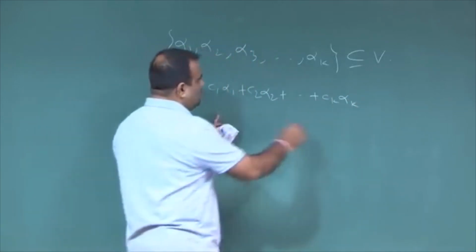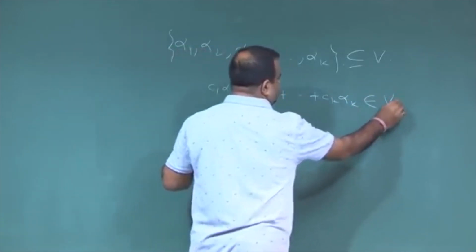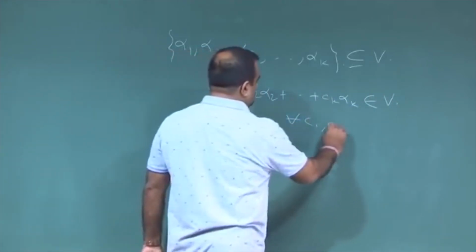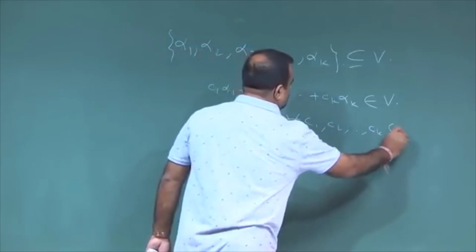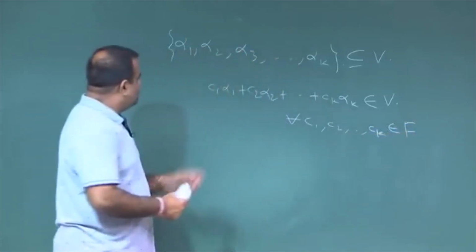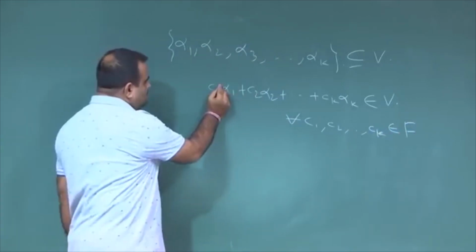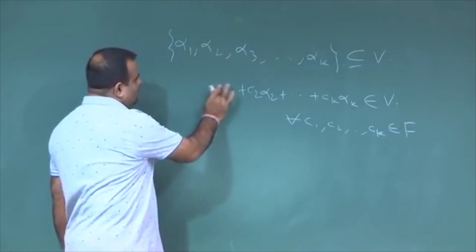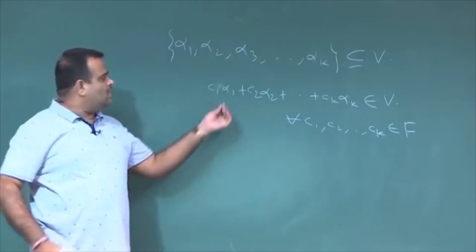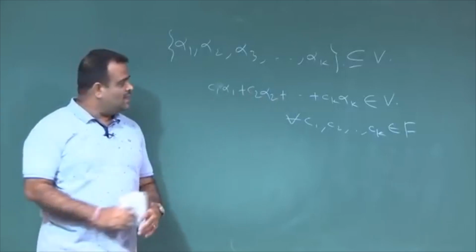So, this is also a member in V and this is true for all c i's. Again, we have to be a little careful here, this is actually the scalar multiplication and this is actually vector addition, but for simplicity we are taking this expression.